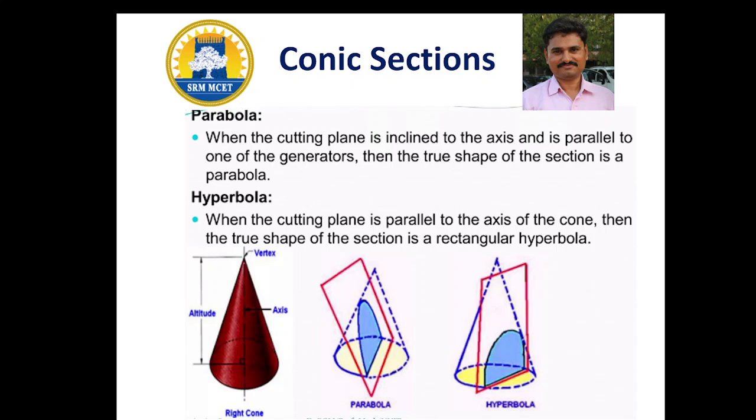If the section is obtained from a right circular cone by a section plane parallel to the axis of the cone and perpendicular to the base, then we get a hyperbola. So for a hyperbola, the cutting plane is exactly parallel to the axis.